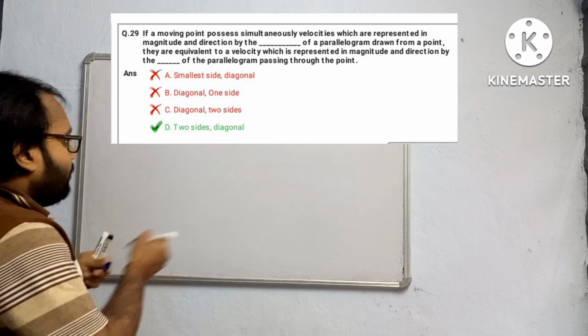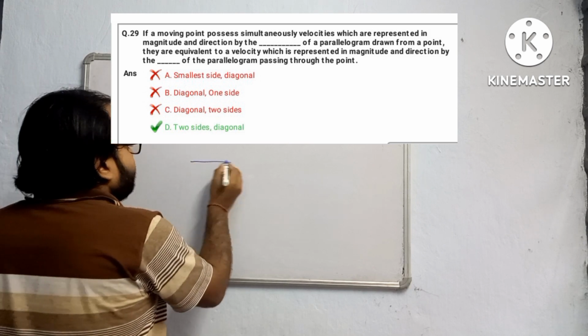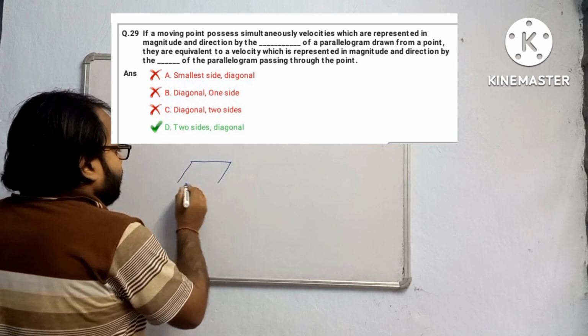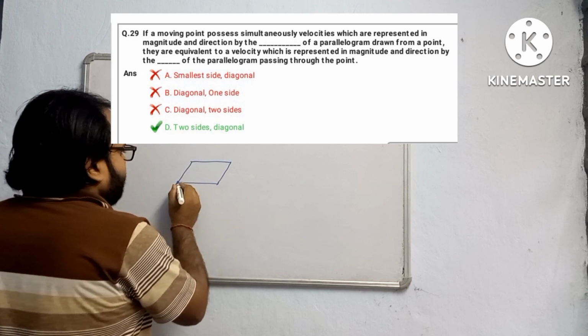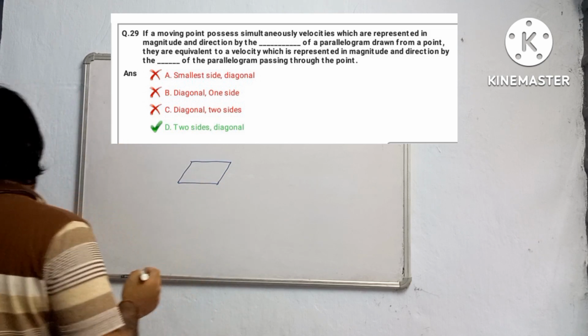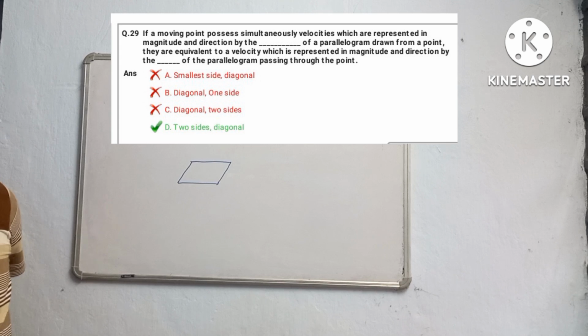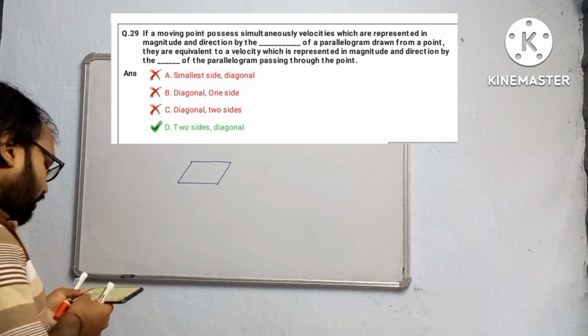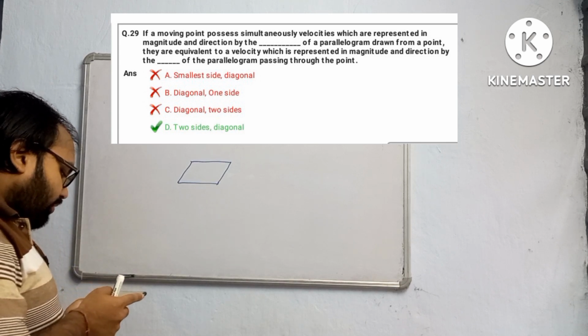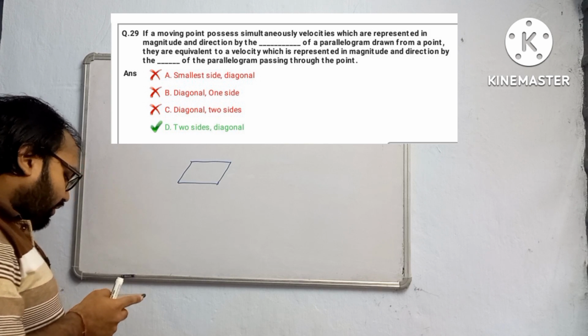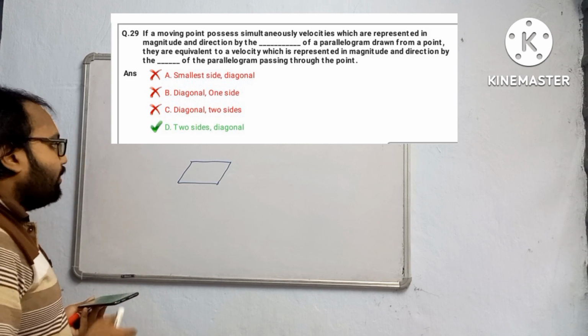Means if a parallelogram is there, then it has been said that simultaneous velocities are represented in magnitude and direction by the dash of a parallelogram.